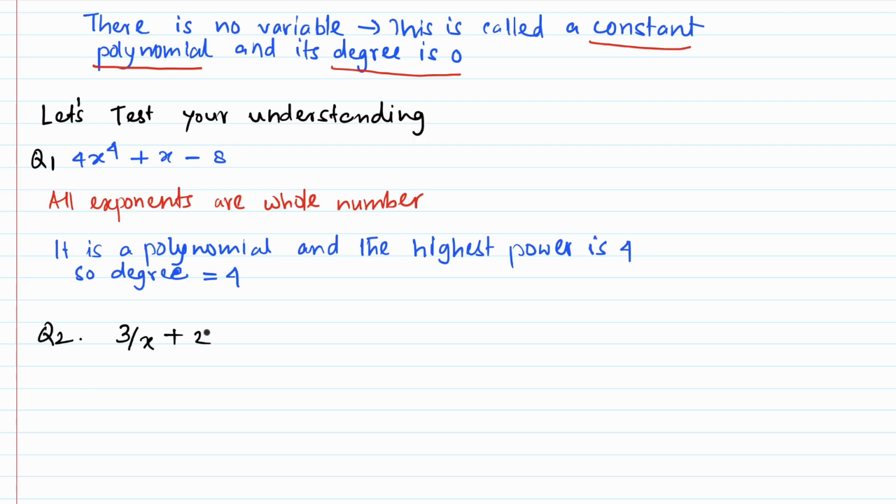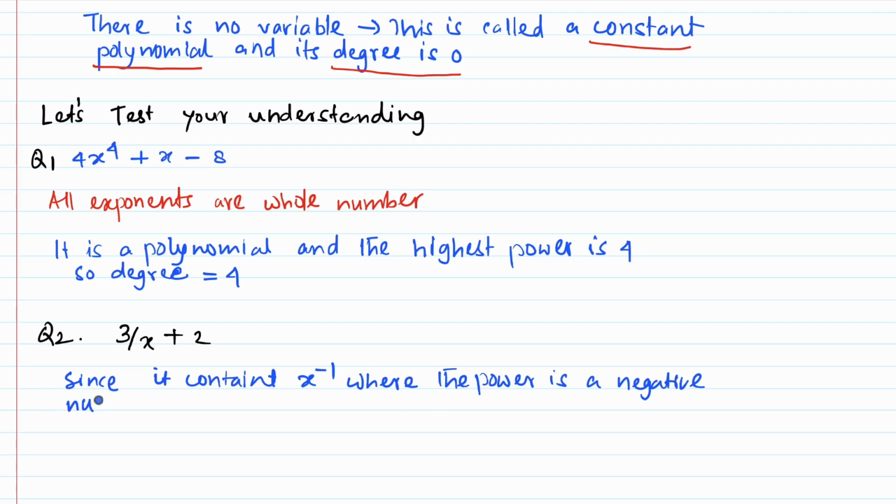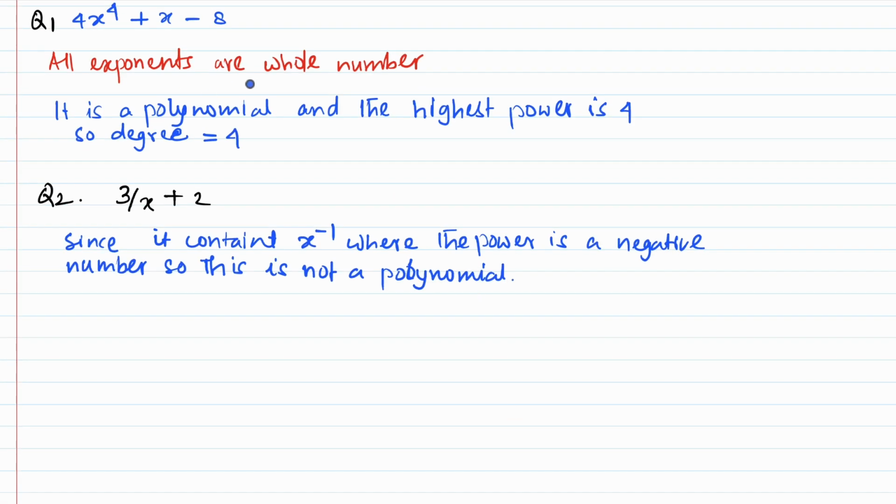Question 2: 3 by x plus 2. This can be expressed as 3 into x to the power minus 1 plus 2. The power is negative and not a whole number, so this is not a polynomial.